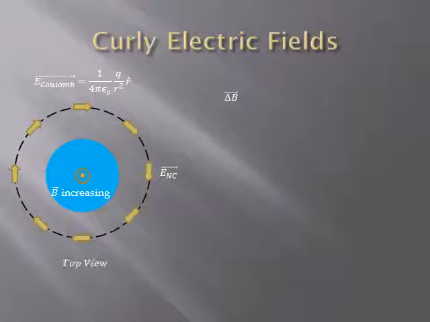This is the top view of the situation as we're looking down on it. And now I'm going to create a side view. Initially we had this magnetic field. Sometime later the magnetic field increased. So our change in magnetic field is up. I have to add this delta B to my B0 to get B1.